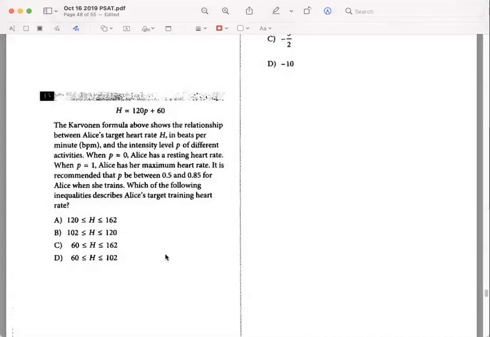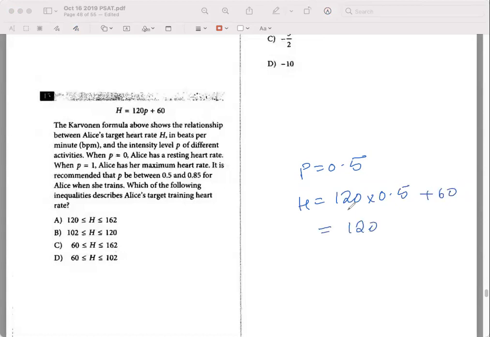Which of the following inequalities describes Alice's target training heart rate? Okay, so when p is 0.5, then the heart rate would be 120 into 0.5 plus 60, which is 120, because 120 into 0.5 is 60 and 60 plus 60 is 120.